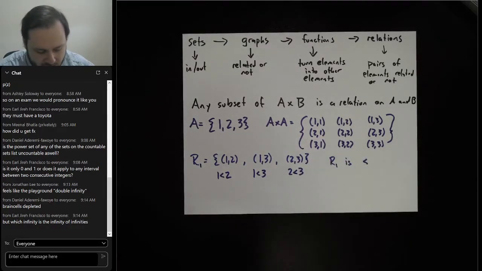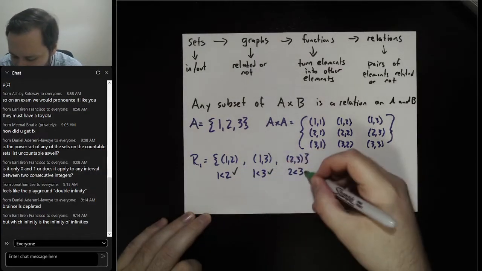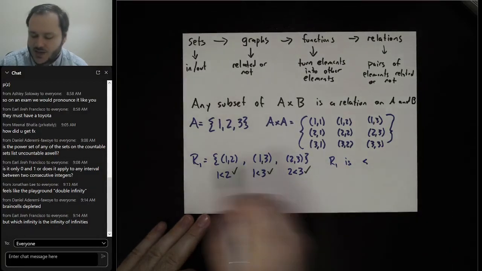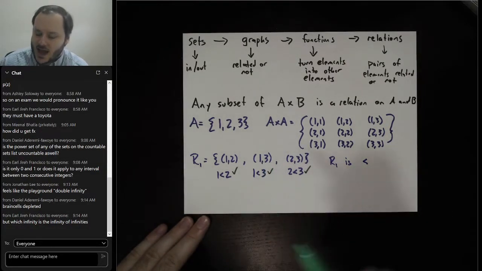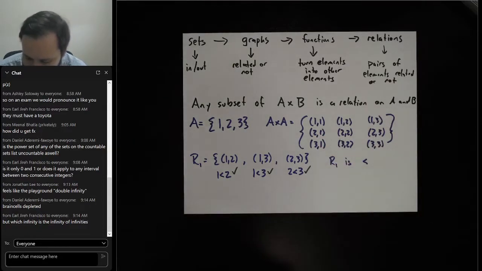Any one of these pairs where A is less than B is true is in my relation, and anything where it's not the case that A is less than B is not in my relation.